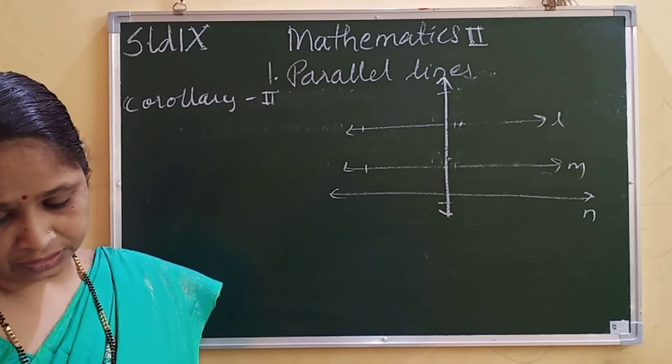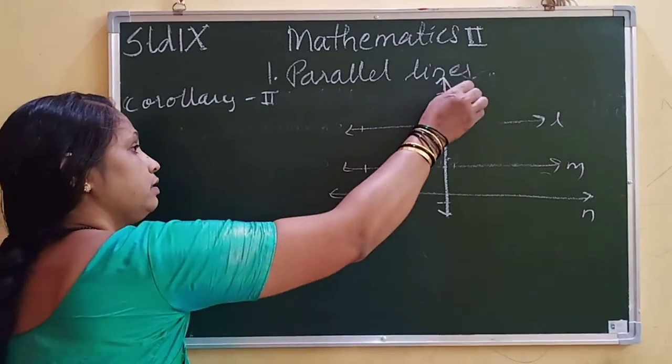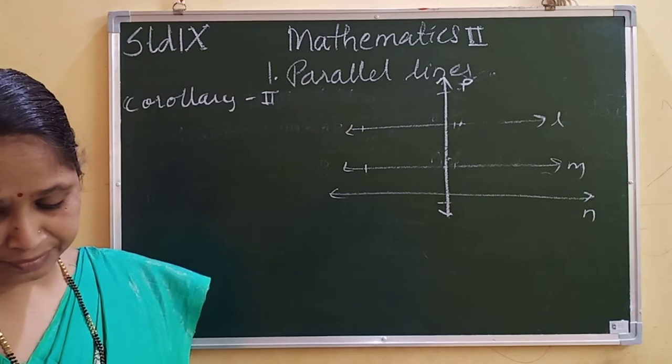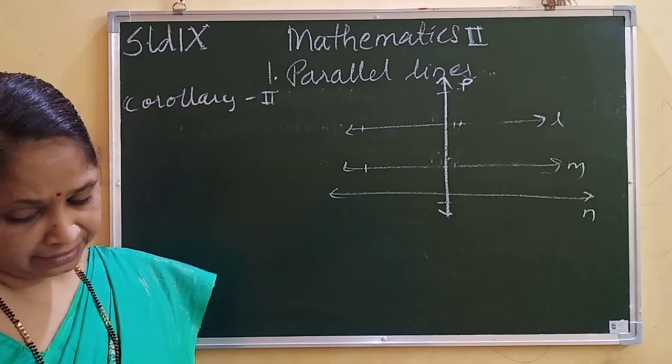Now it is given that P is a transversal, and lines L, M, N are the lines.